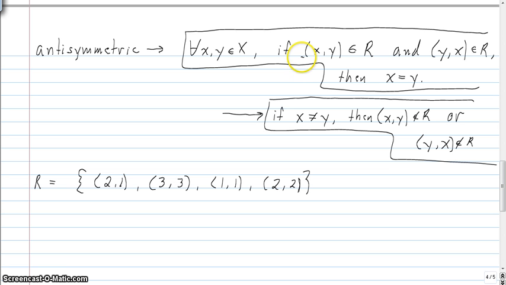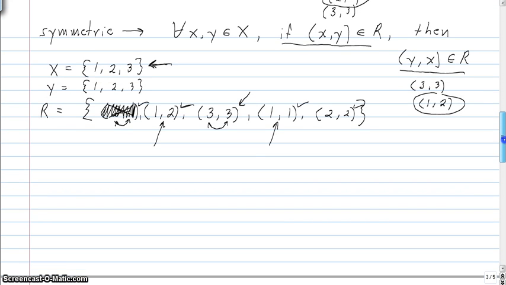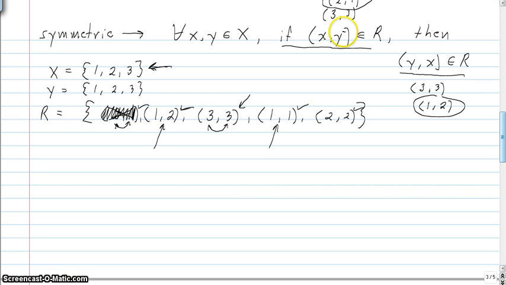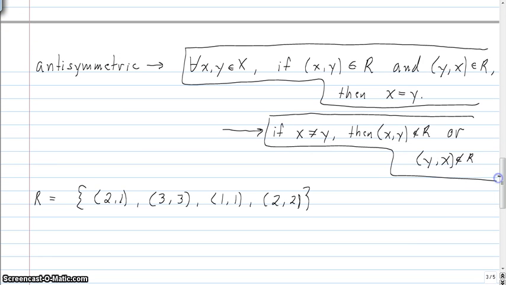When we were looking to see if our relation here was symmetric, we picked out one element, and then we scanned through to see if we could also find the element where the x and the y are reversed. For antisymmetric, the if part of the statement says: if x is related to y and y is related to x.